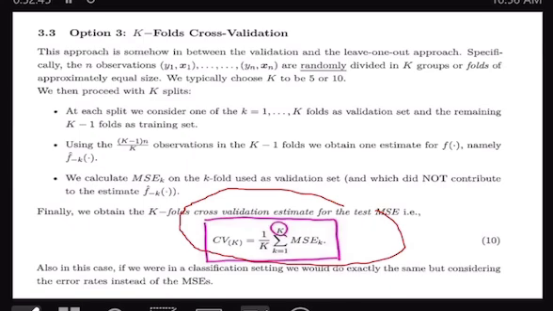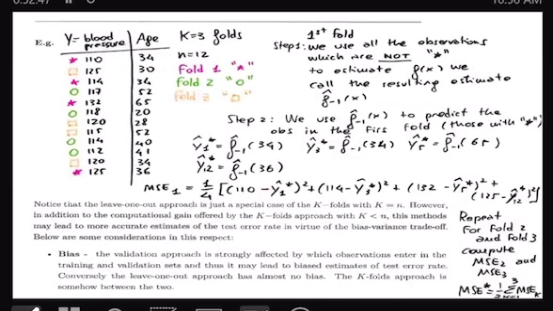Now, the last example, take a look at this. That is what we're trying to perform here. We have 12 observations, right? If you take a look at the 12 observations, we have Fold 1, Fold 2, Fold 3. How many elements do we have in Fold 1? 4, 4, 4. 4 times 3, 12.